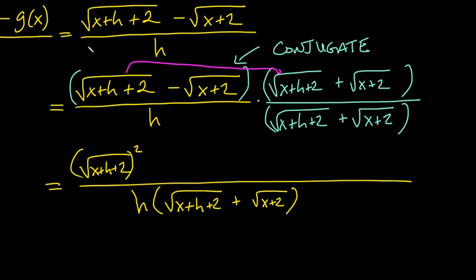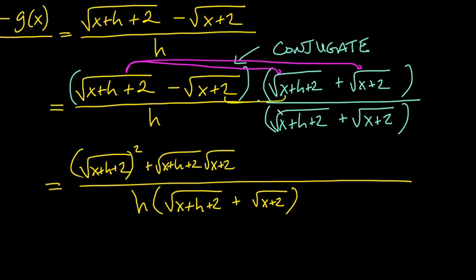Then you multiply the first times the last, so that's the outer terms. And that's going to be kind of a mess here, but it's going to be plus the square root of x plus h plus 2 times the square root of x plus 2. And then you multiply the inside terms here.